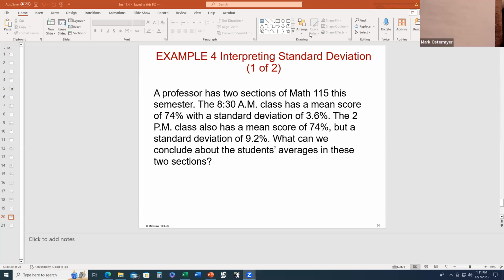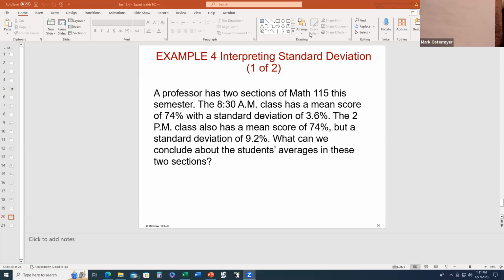What if I threw this out? What if we knew for a fact that we had equal class sizes between the morning and the afternoon section? What would we then conclude about the differences between these mean scores here? Suppose we had the same class size.